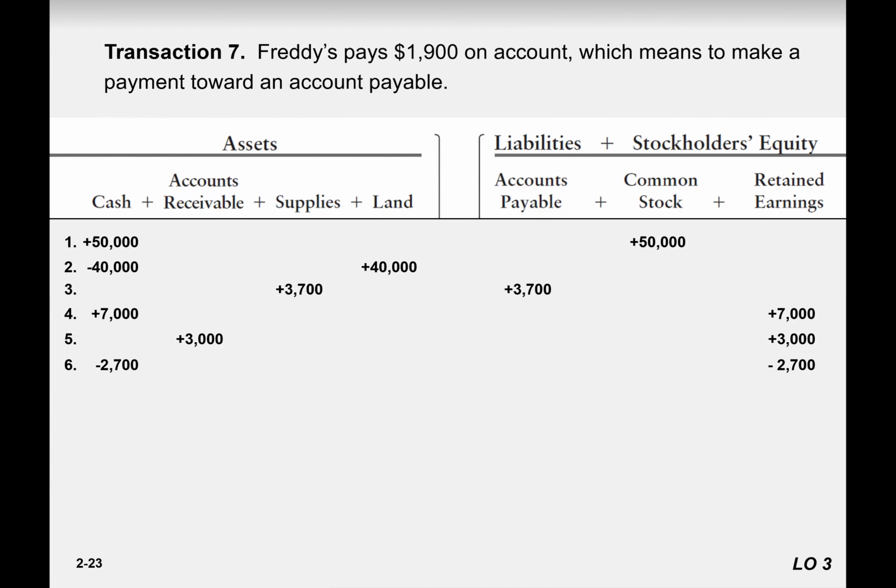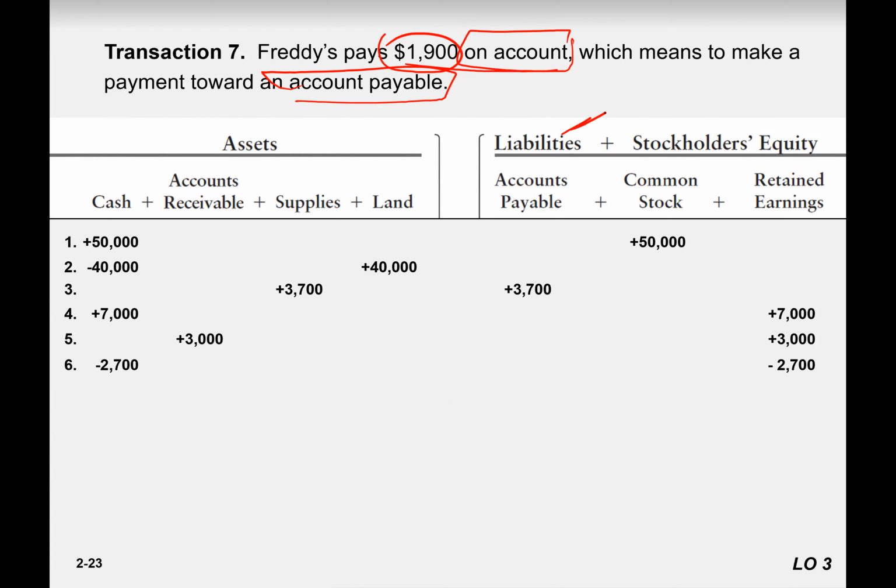Now 7. Fridays pays 1,900 on account, which means making a payment towards accounts payable. Paying on account means paying the credit. So Fridays decreases their liability towards accounts payable.